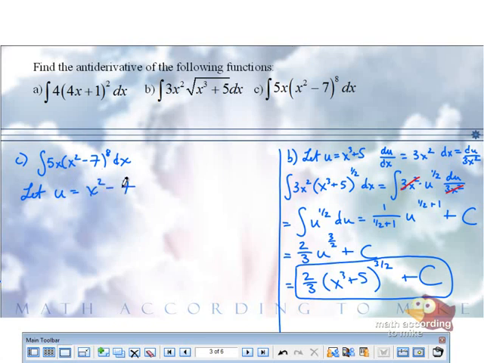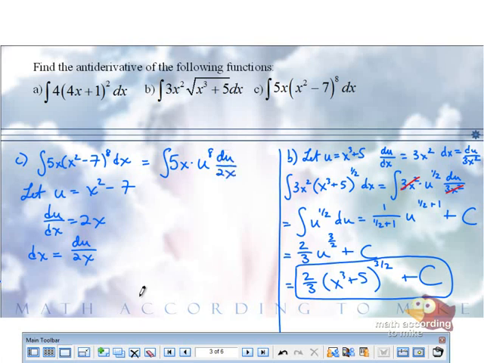If U is x squared minus 7, what's the du dx? 2x. So solving for dx, we get du over 2x. So again, that's all side work. Remember, the main goal of U substitution is to get the x's out of there. So 5x times u to the 8, and dx is du over 2x.